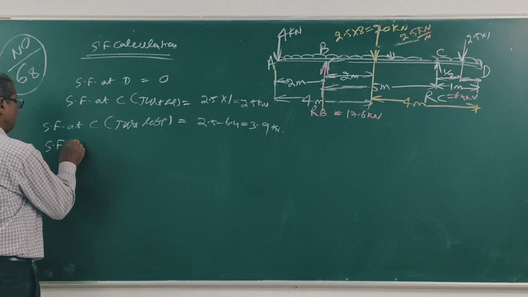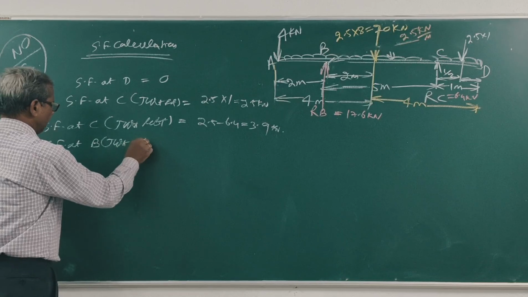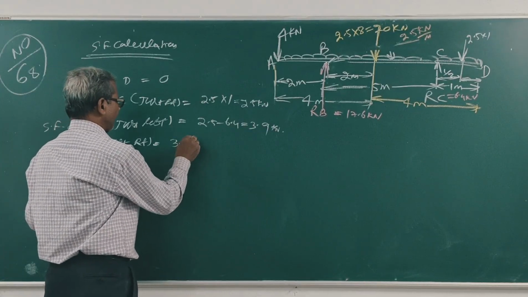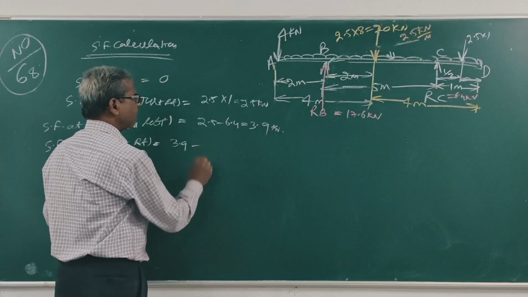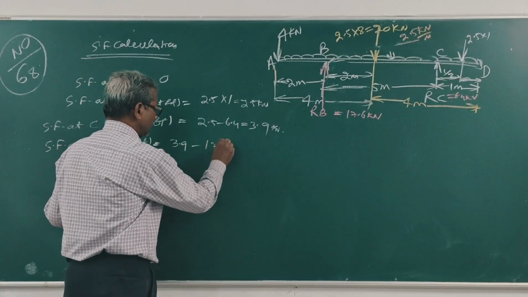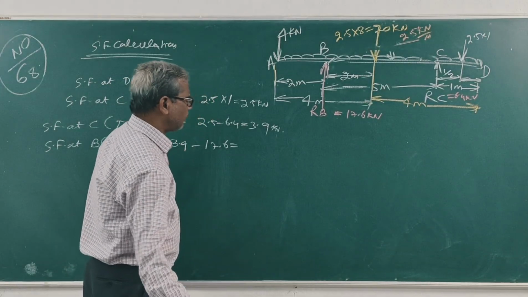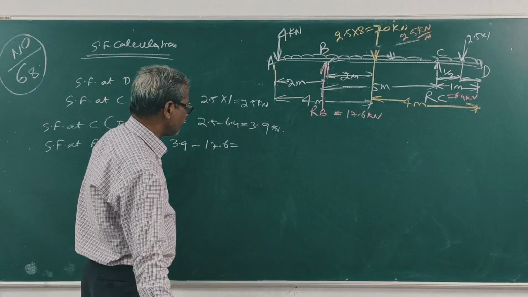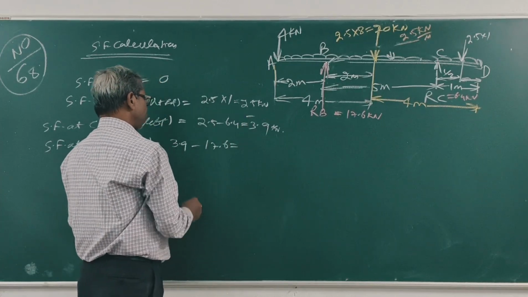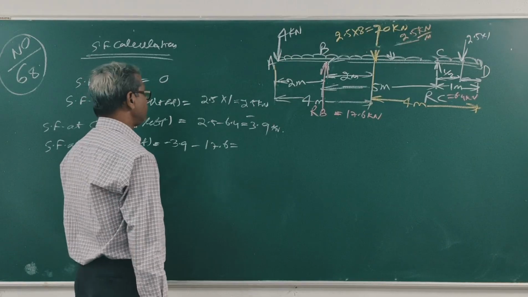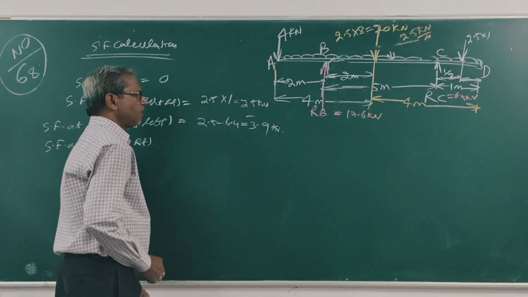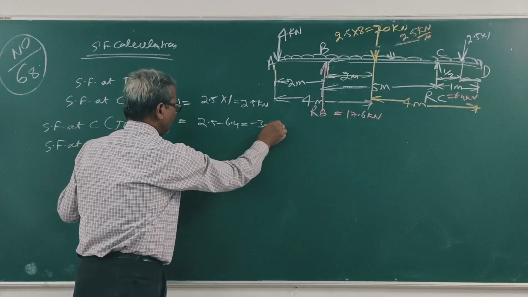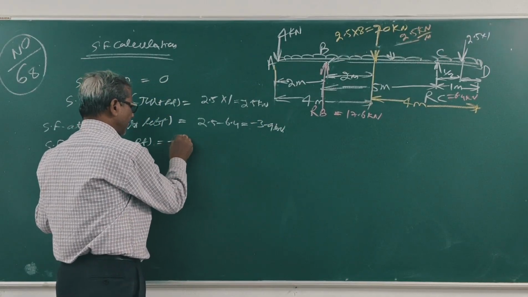Shear force at B just right: minus 3.9 minus 17.6. This is minus 21.5. This may be, B just right, minus 21.5.